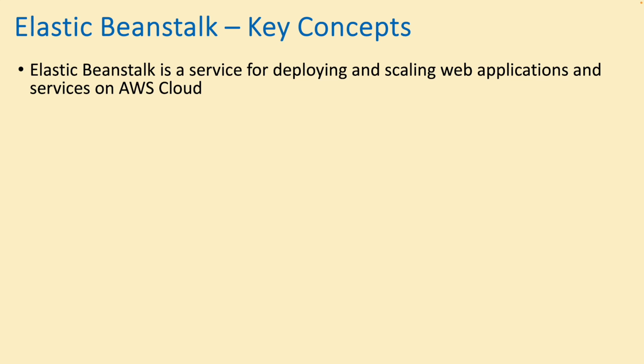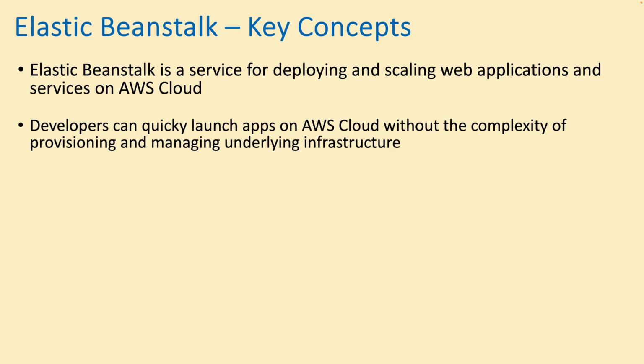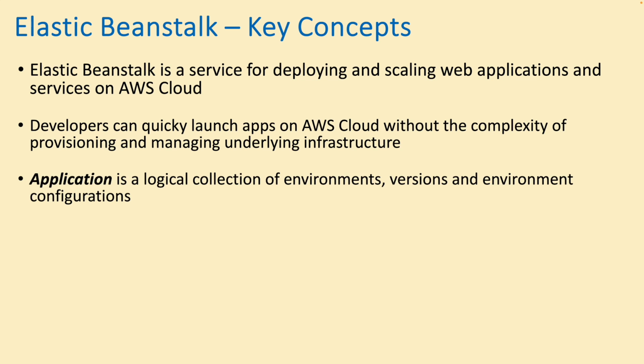And I think it's worth reviewing some Elastic Beanstalk key concepts. Elastic Beanstalk is the service for deploying and scaling web applications and services on AWS Cloud. Developers can quickly launch applications on AWS Cloud without the complexity of provisioning and managing underlying infrastructure.